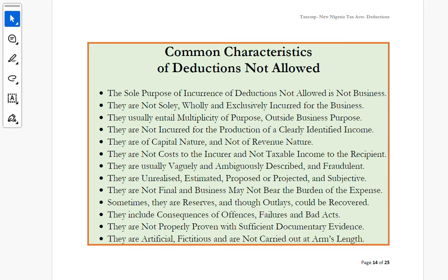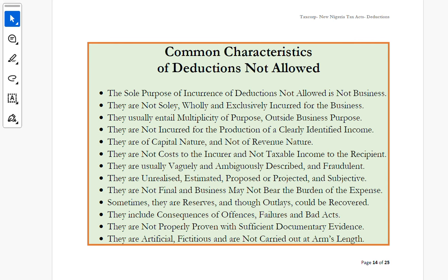They are of capital nature and not of revenue nature. You can't deduct the cost of a building from revenue. No, it's of capital nature. They are not cost to the incurrer and not taxable income to the recipient. They are usually vaguely and ambiguously described and fraudulent. They are unrealized, estimated, proposed, or projected and subjective.